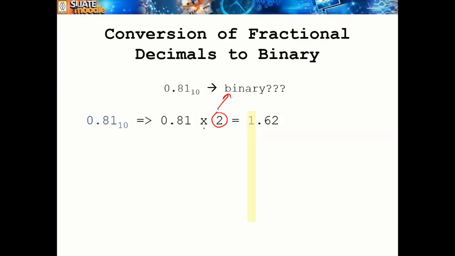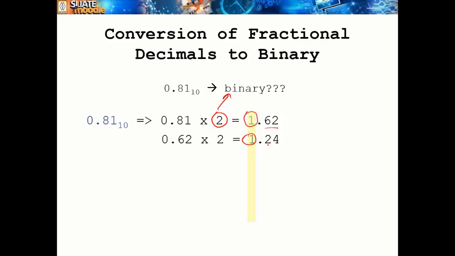So 0.81 multiplied by 2, we get 1.62. Now keep this 1. Don't do anything. Now take this decimal value and then multiply it by 2. Then we get 1.24.